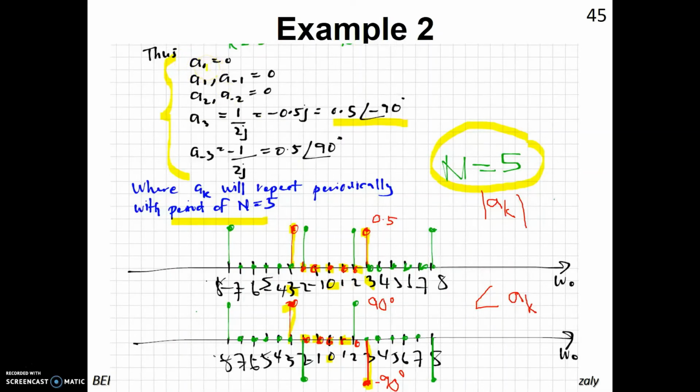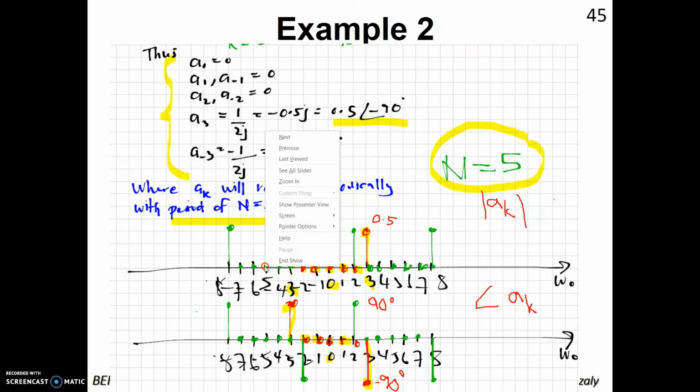When it repeats for N equal to 5, you need to add 5 and subtract 5. If you add 5, you move it with 5 steps, so you have 0 plus 5, which is 1, 2, 3, 4, 5.